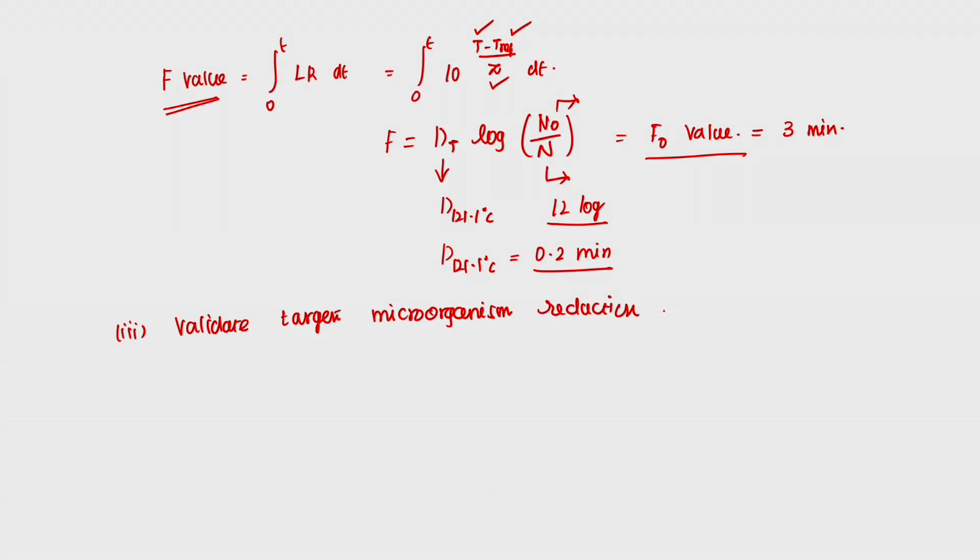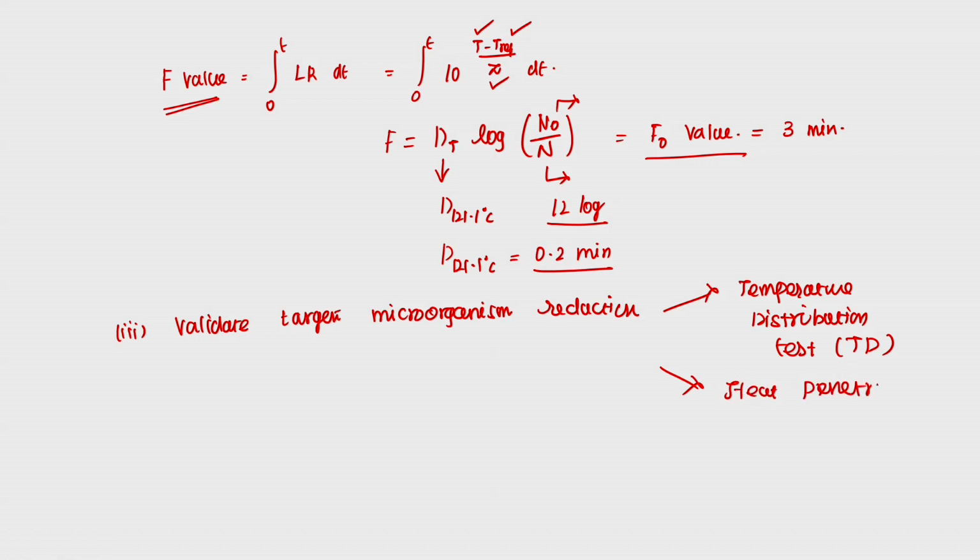Right. So this is done using two tests: a temperature distribution test, which we normally call the TD test, and another one, the heat penetration test, which we call HP, right. So this is where we are now, validating the target microorganism reduction.